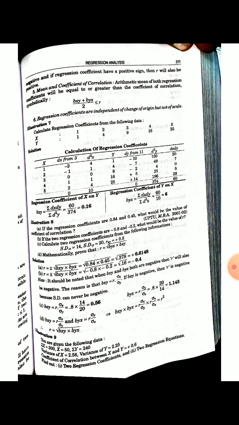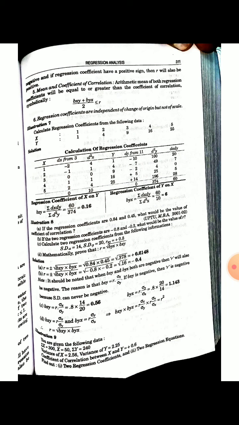Now the question is given, which you have to calculate on your own with the help of the sums which I have explained. If you have any doubt regarding this question, please ask in the comment section below. Try to solve it by yourself and give the answers in the comment section.